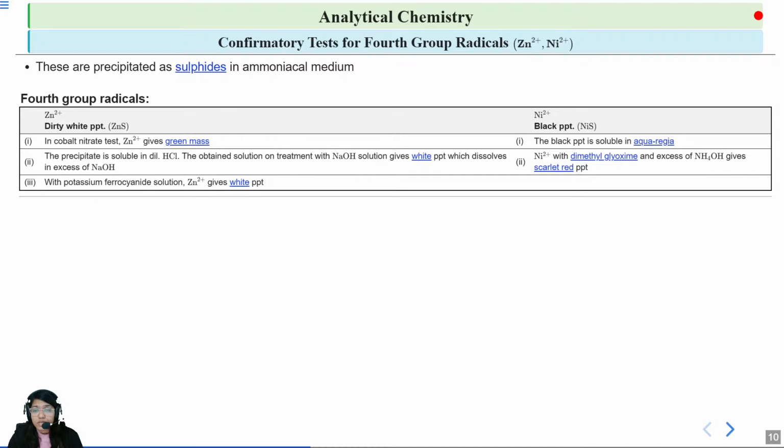When testing for Zn2+ and Ni2+ ions, that is zinc ions and nickel ions, we use different reagents. In the cobalt nitrate test, Zn2+ gives a green mass. Zn2+ forms a dirty white precipitate ZnS with H2S, which dissolves in dilute HCl and then forms a white precipitate with NaOH that dissolves in excess of NaOH.